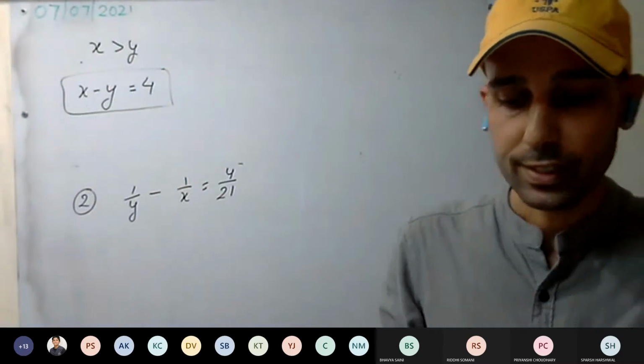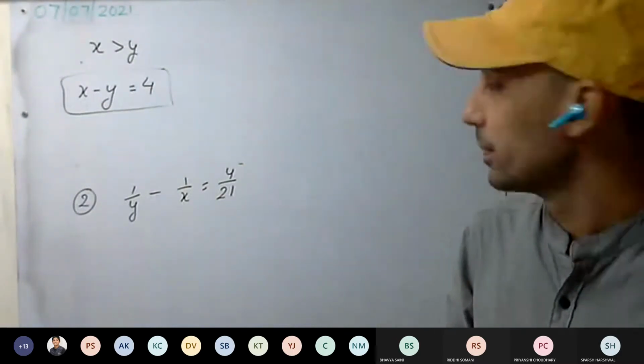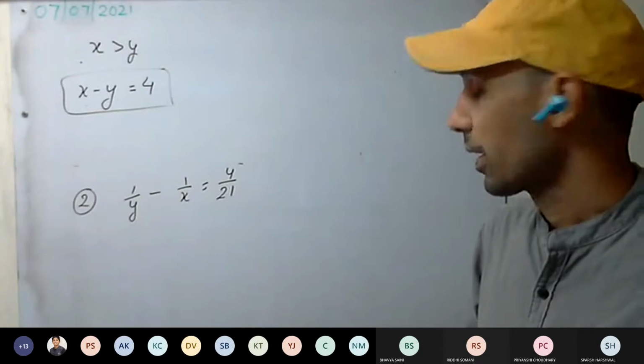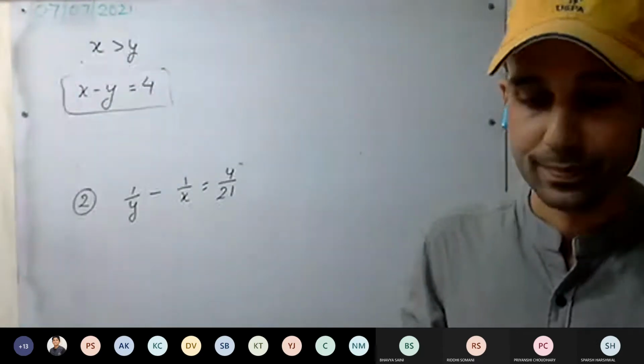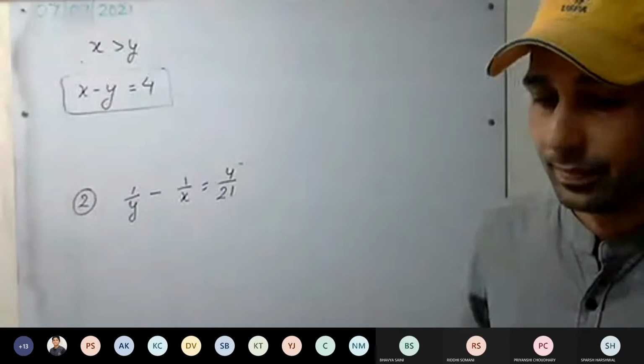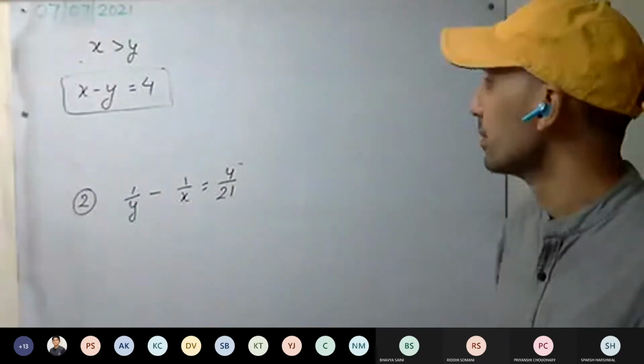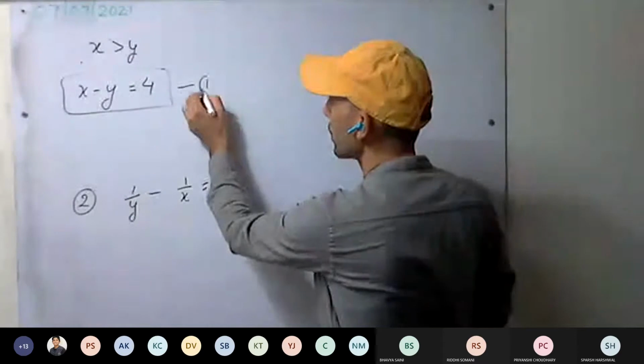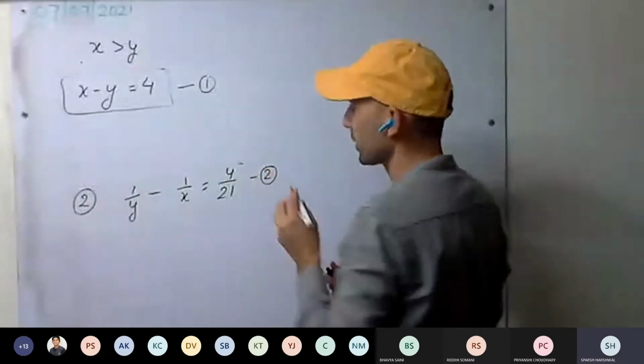Okay. Now solve it. Now how are you going to solve? One equation is x minus y equal to 4. Second equation is this one.